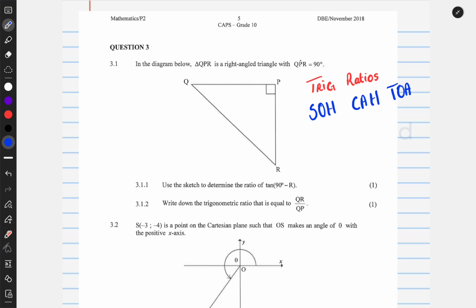Okay, and another thing that should come to your mind is the Pythagoras theorem. If you remember, the Pythagoras theorem is r squared is equal to x squared plus y squared.